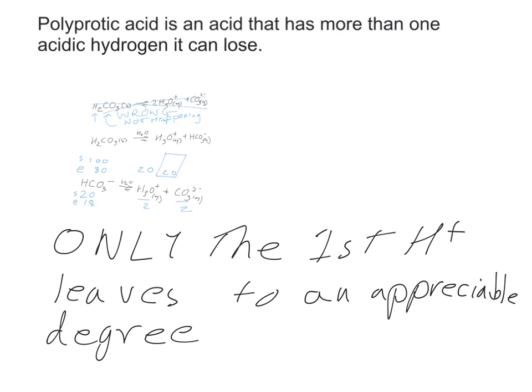Now, there are exceptions to this. Sulfuric acid is a notable exception, where one hydrogen leaves completely and the second one leaves in great numbers. But for the most part, only that first hydrogen leaves to an appreciable degree.